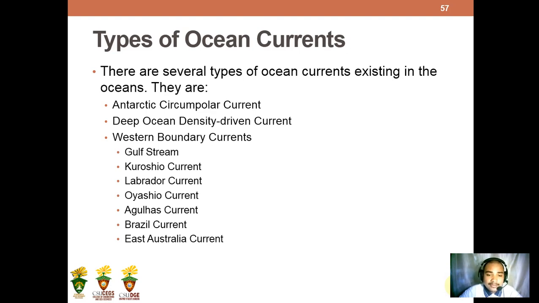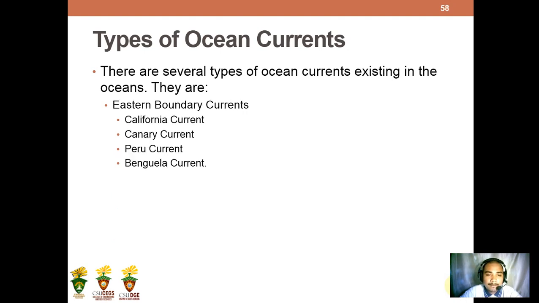And we have also the western boundary currents, which can be subclassified into the Gulf Stream, Kuroshio current, Labrador current, Oyashio current, Agulhas current, Brazil current, and East Australia current. And we have also eastern boundary currents, which are subclassified into the California current, Canary current, Peru current, and Benguela current.